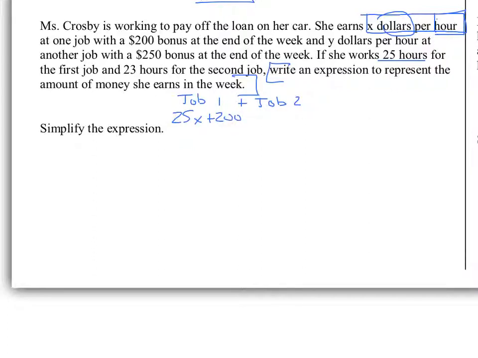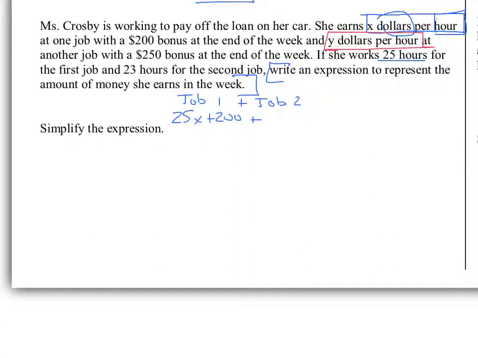Let's move on to job 2. Job 2 tells us she earns Y dollars per hour. How am I going to represent how much money she earns in her hourly wages? How am I going to represent how much she earns in just her hourly portion?